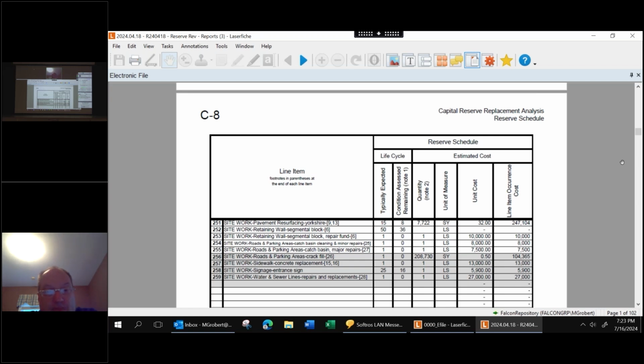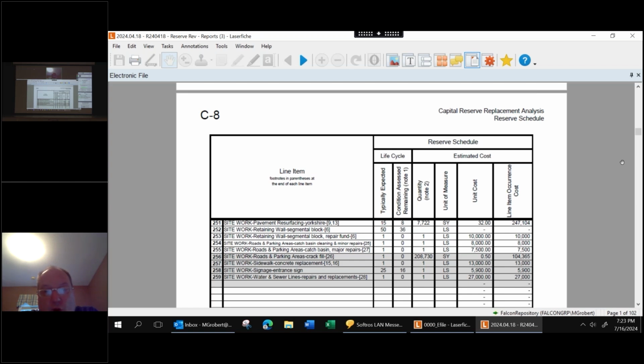And what our various teams do every year for many communities is oversee design and specifications and bidding for many, and in fact, most of the items in your reserve, whether it's interior in the clubhouse, concrete sidewalks, roads, driveways, roofs.